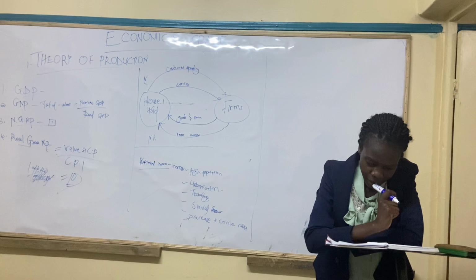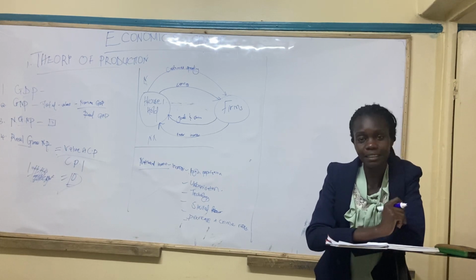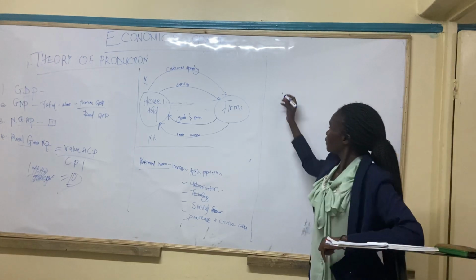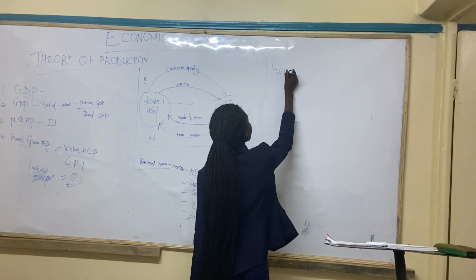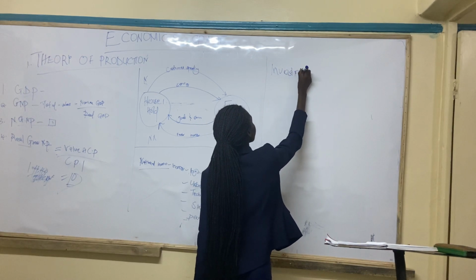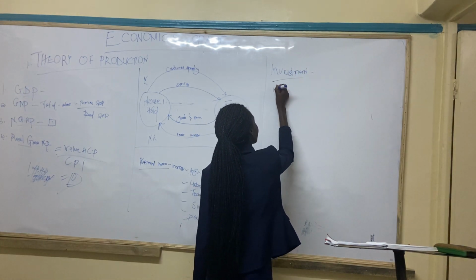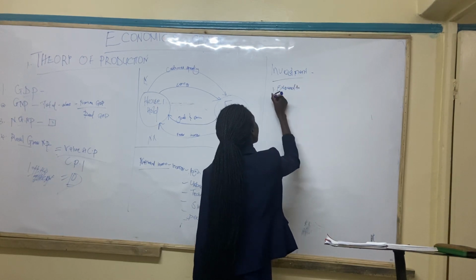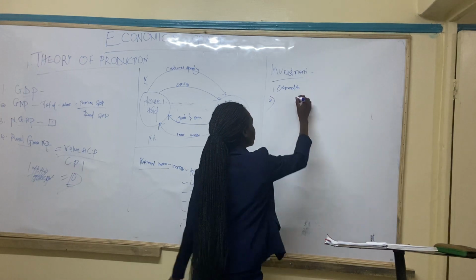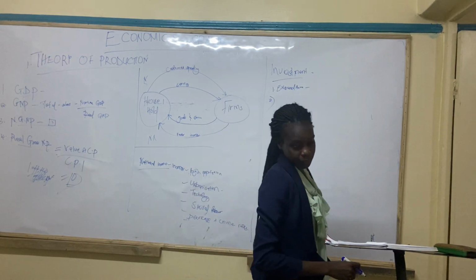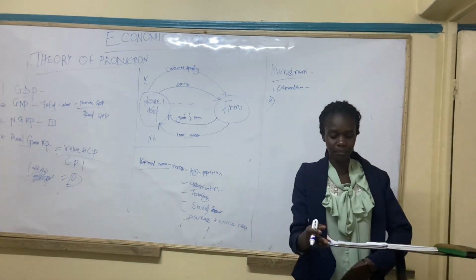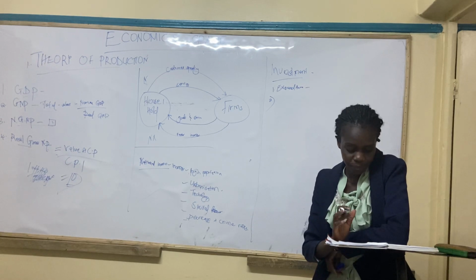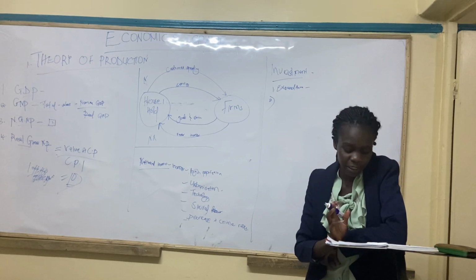So there is investment, there is expenditure. That is number one. So expenditure is determined by economic variable. And the second one is autonomous.